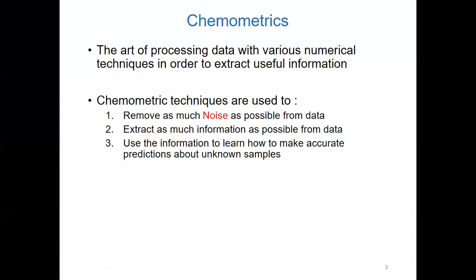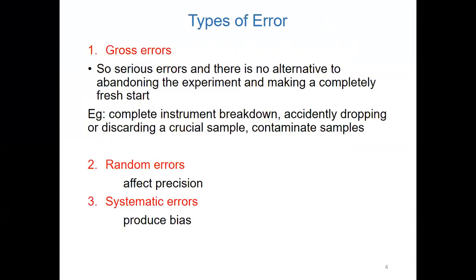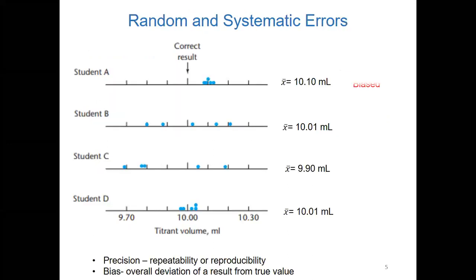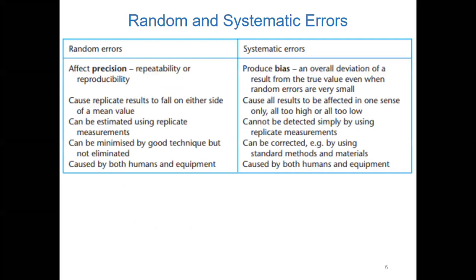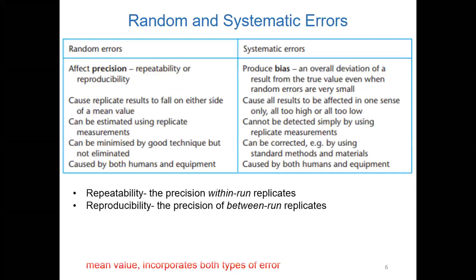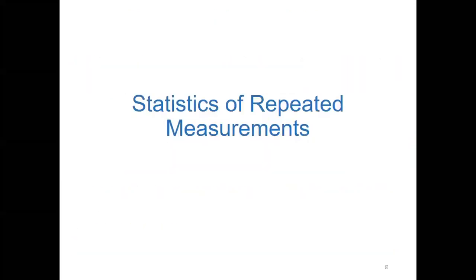We talked about chemometrics and the chemometric techniques, what they are, and also about the errors: the possible types of errors in analytical chemistry, and precision and accuracy, all these things we already discussed.